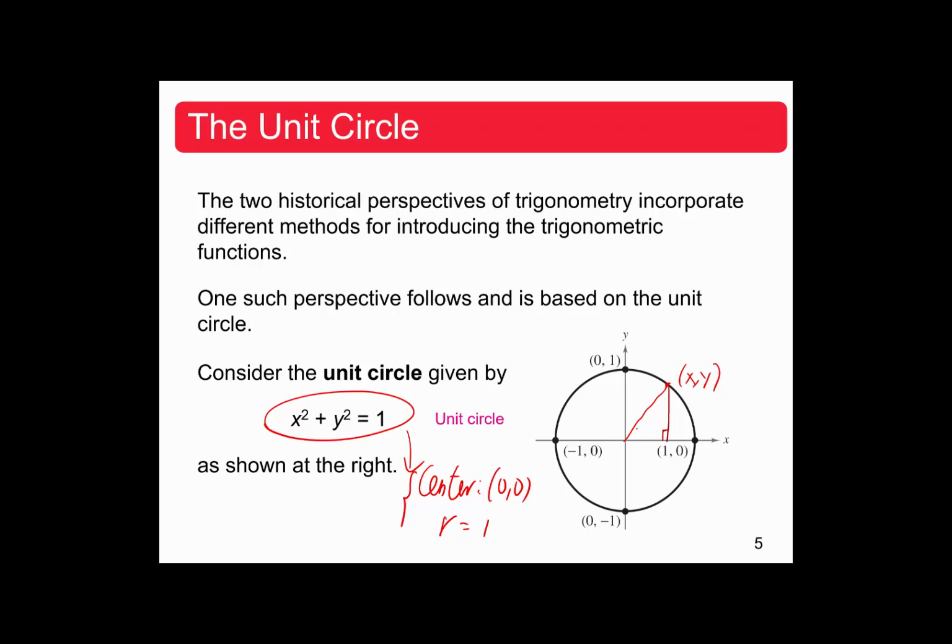Then this angle theta here is the main focus of the trigonometric functions. Then we can define sine, cosine, tangent, cotangent, secant, and cosecant using this angle theta, together with the x coordinate and y coordinate from the ordered pair.